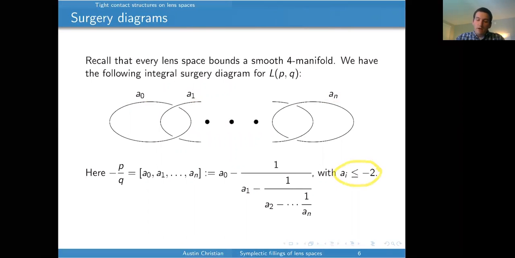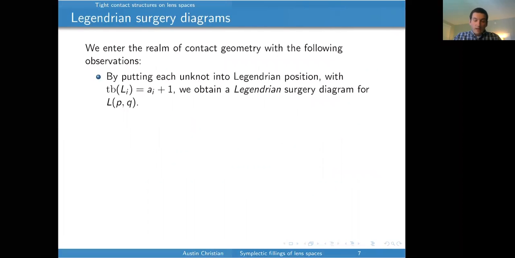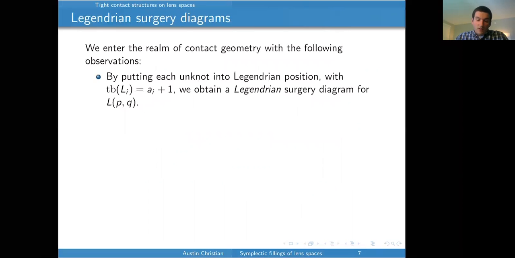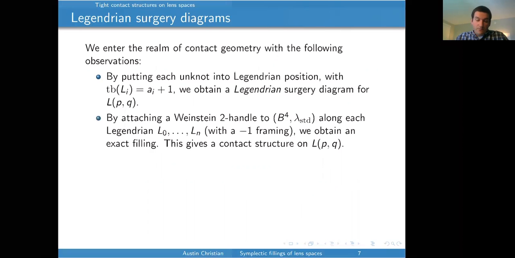The size of the framing matters in the contact setting, because now we can put a contact structure on our Lens space by first putting each of these unknots into Legendrian position, and the Thurston-Bennequin number will differ from the framing by 1. So each of these knots will now look like some sort of front projection. So this will give us a Legendrian surgery diagram for our Lens space.